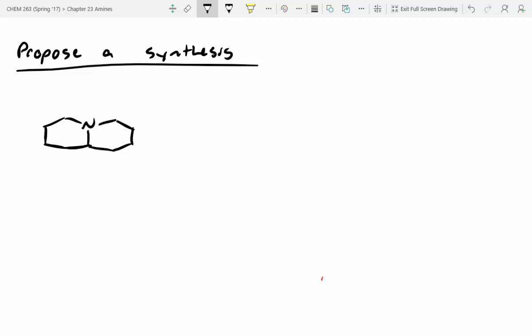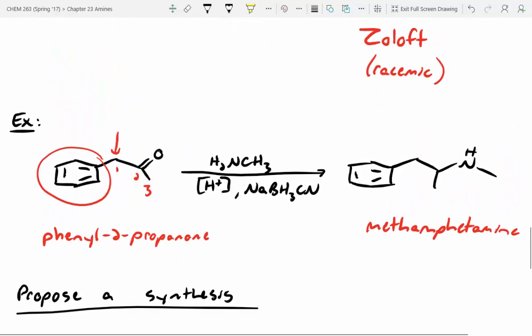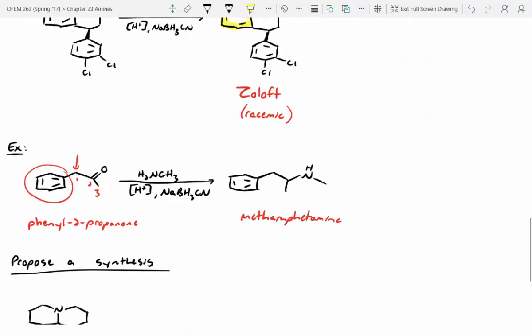So try to use reductive amination, just like we've been doing, to make some sort of route for making this product. How many people feel like they got this? All right, I'll show you guys a hint based on this one. Based on these top two, I should say.